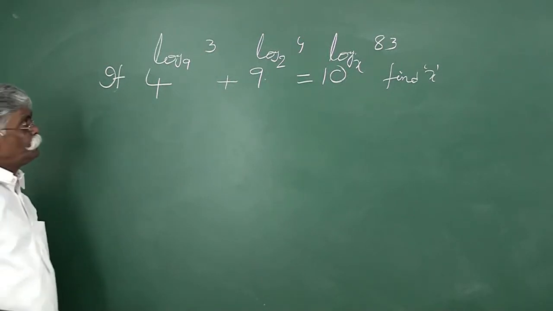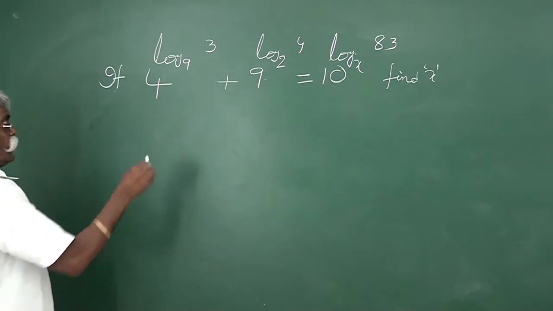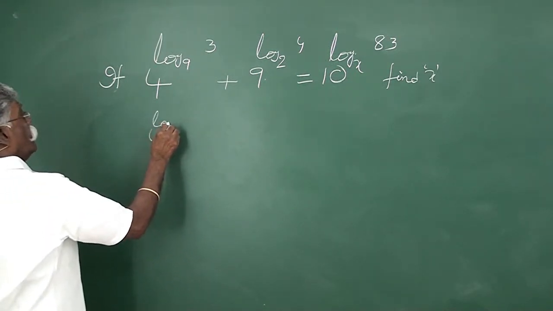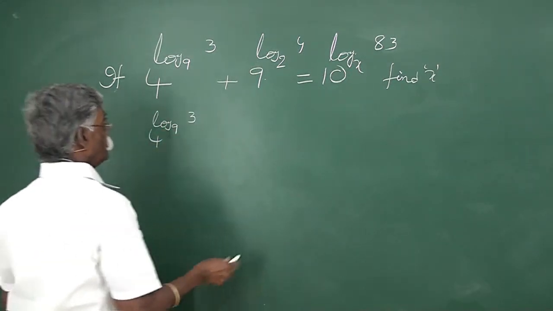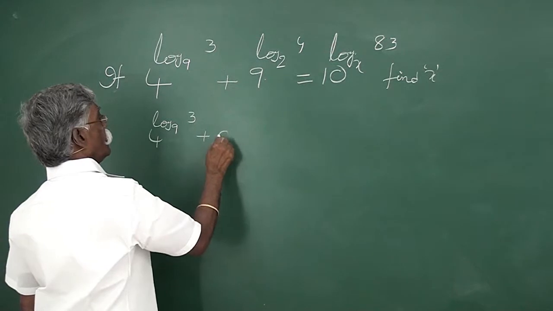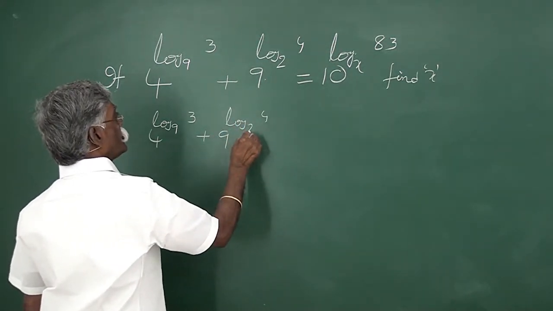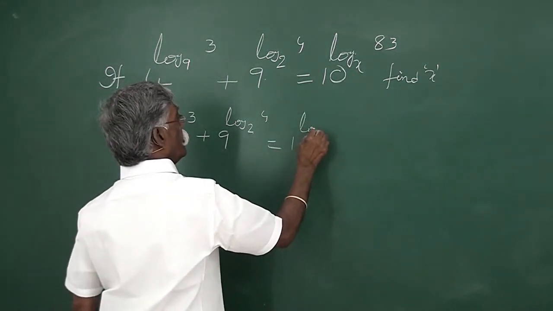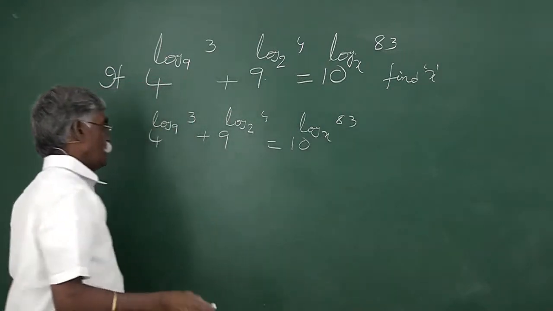Now, 4 power log 3 base 9 plus 9 power log 4 base 2 equal to 10 power log 83 to the base x.